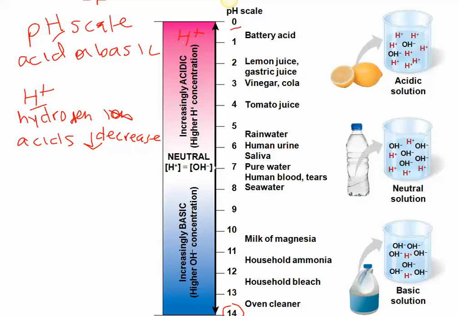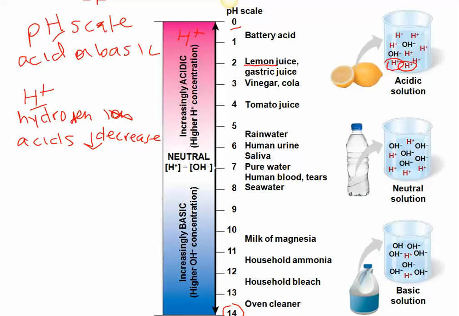And remember, acids are substances that donate hydrogen ions in solution. For example, if we take a look at lemon juice of pH 2, which is classified as an acid, we see that that solution has many hydrogen ions as seen here.